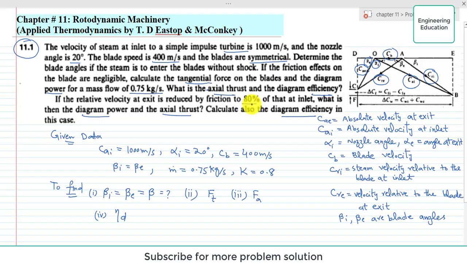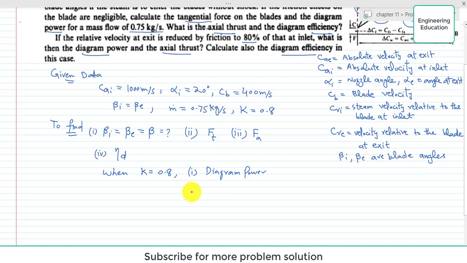When the value of K is 0.8 or 80%, for that we have to find first the diagram power, second the axial force, in this case Fa, and third, to calculate the value of diagram efficiency.